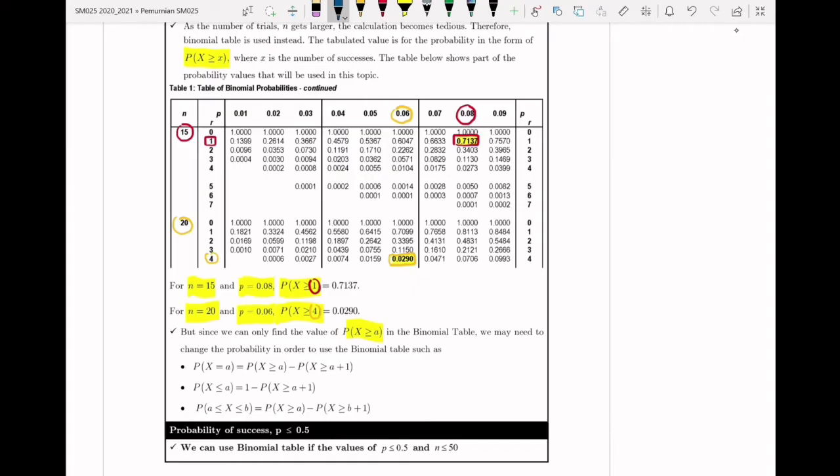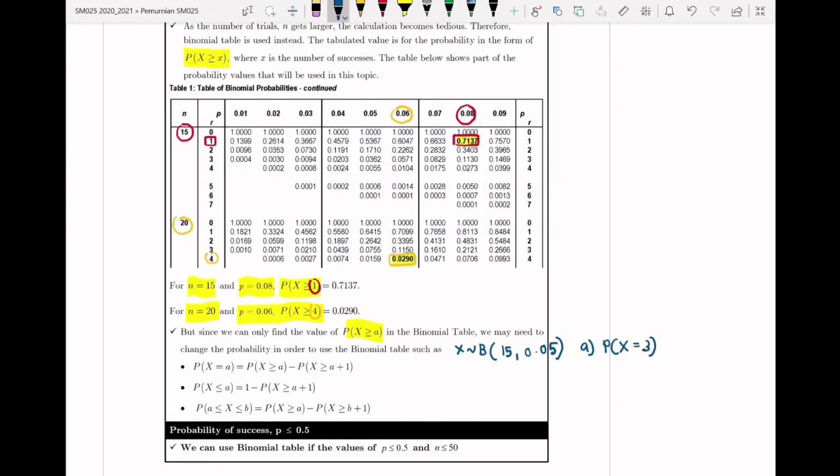Example, we have X binomially distributed with n equals 15 and p equals 0.05. We want to find the value of the probability X equals 3.